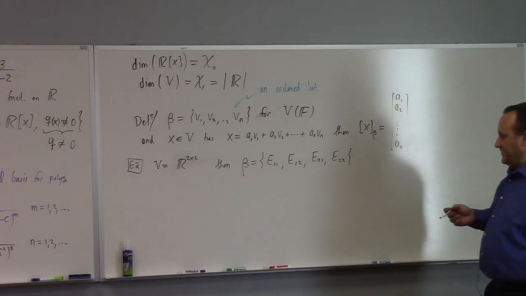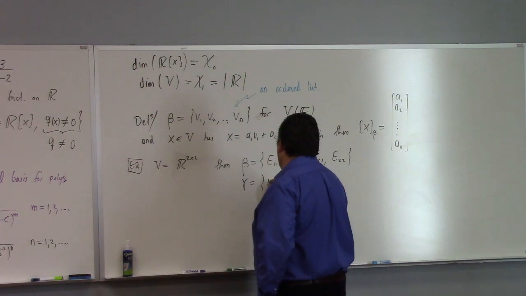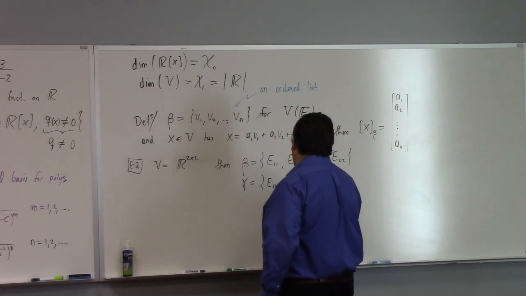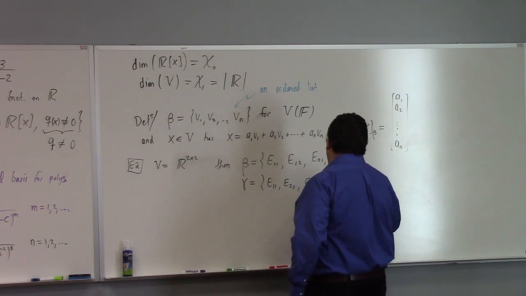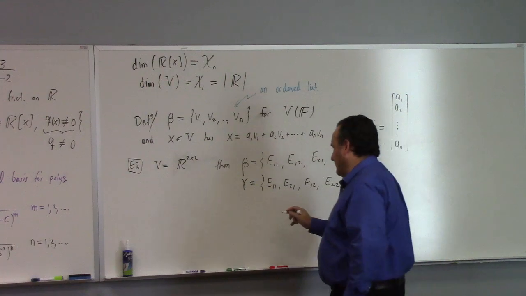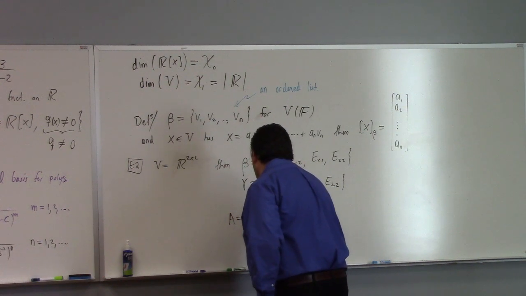There's another natural one though, perhaps: E11, E21, E12, E22. So let me write out A as (A, B; C, D).